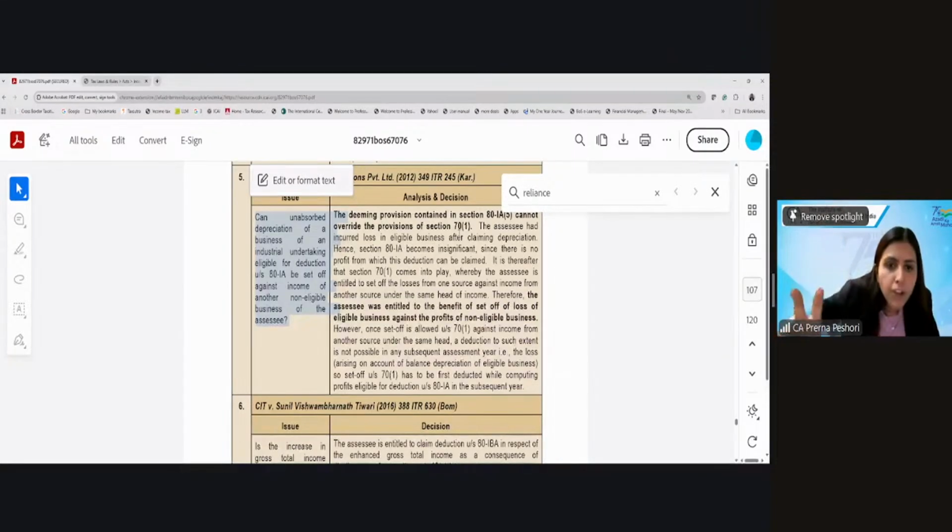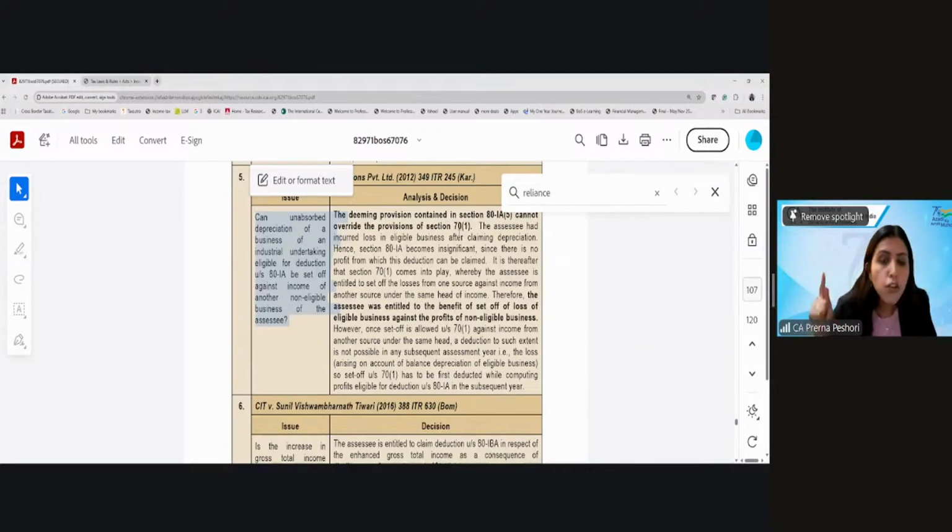Because there is no profit in that year, ATIA doesn't become applicable. If the ATIA itself doesn't become applicable, you can claim the set off under 70. So the assessee is entitled to the benefit of loss. But once you have claimed the set off of the loss of eligible business against the non-eligible income, in the next year, when you have the income, you can't claim again the deduction because of the fiction of ATIA 5.